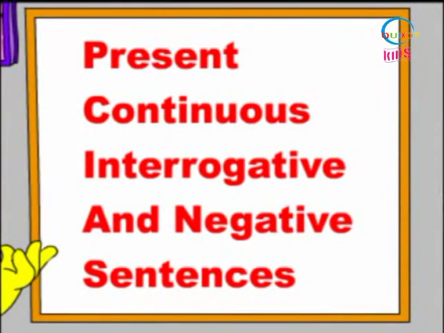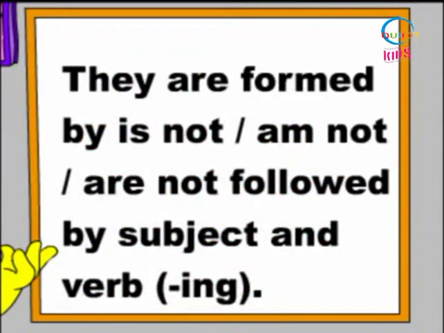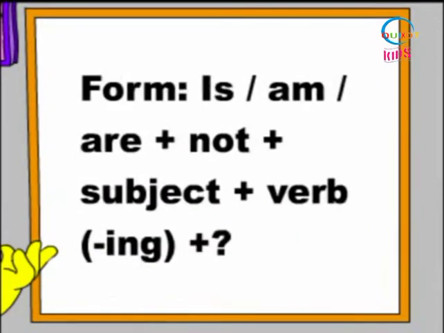Present continuous interrogative and negative sentences. They are formed by is not, am not, are not, followed by the subject and the verb in the ing form. Form: is, am, are, plus not, plus subject, plus verb ing.